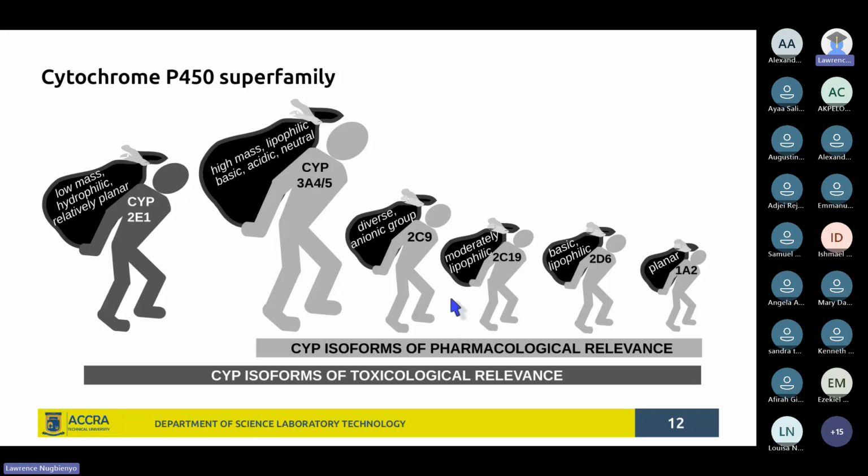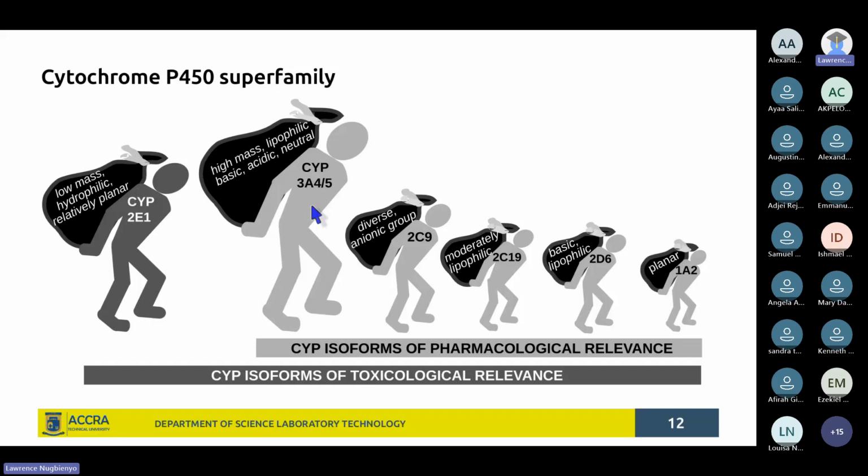And out of these, you mostly hear of this cytochrome 3A45. This is the isoform of the cytochrome P450 enzymes that has a lot of metabolism of drug substances.